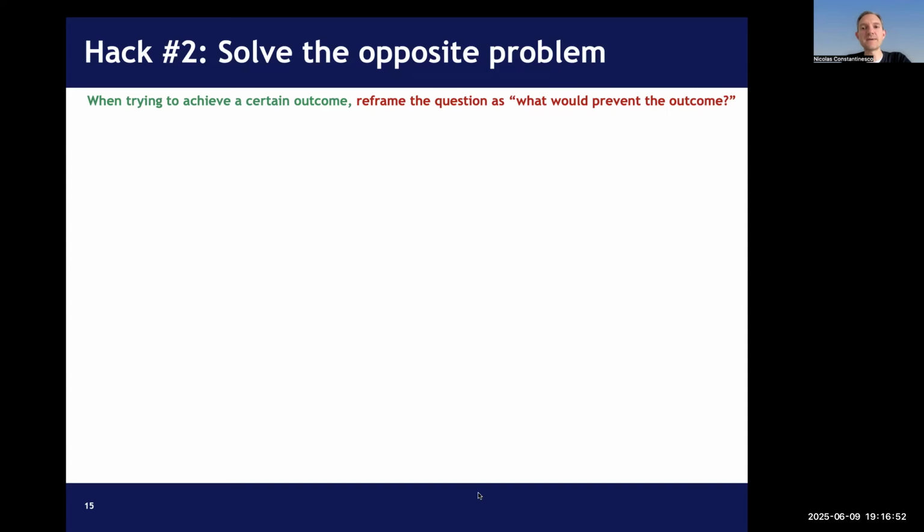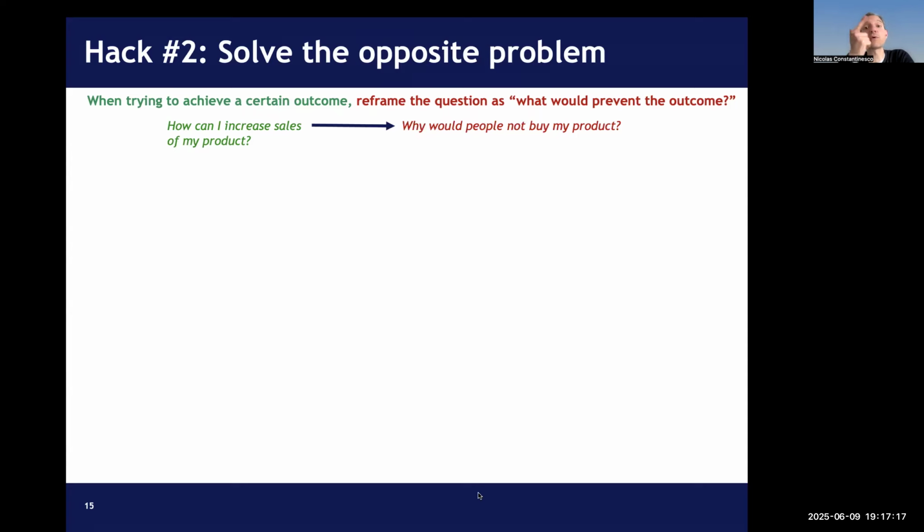If I say, how can I increase sales of my product? A helpful way is to reframe it as, why would people not buy my product? I could even say, how can I get people not to buy my product? But let's say, why would people not buy my product, right? And then you just come up with one potential reason.